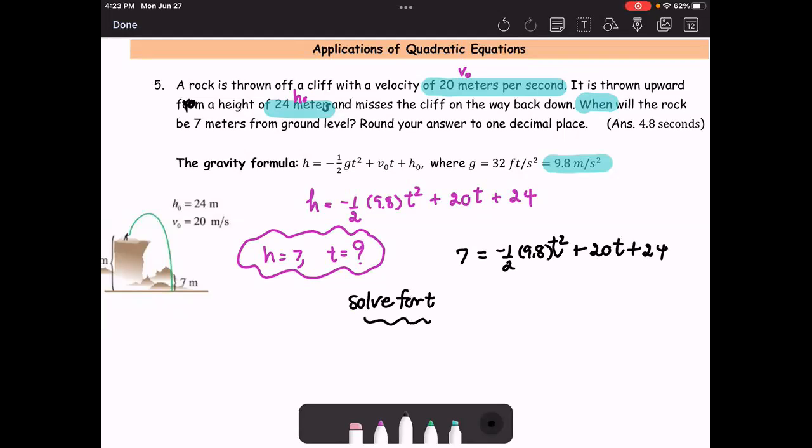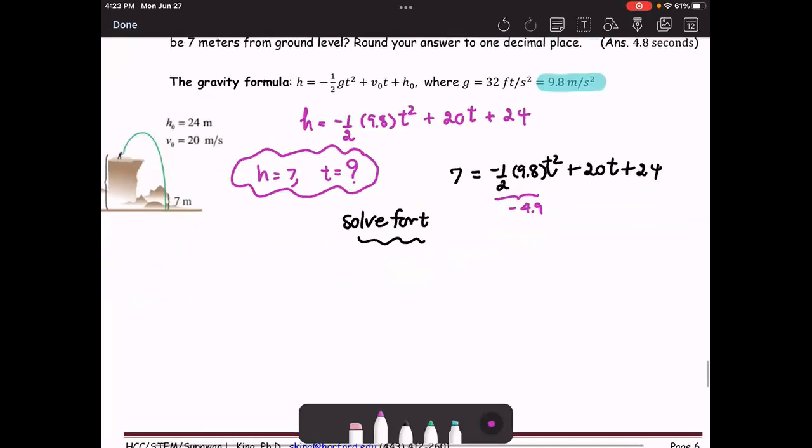And we have the quadratic equation. Let's simplify it and rewrite in a nice order. Negative 1/2 times 9.8 is negative 4.9. Since it's a negative number, we're going to move all the terms to the left-hand side to get the expression 4.9 t squared minus 20 t, and then 7 minus 24 becomes negative 17, equals 0.